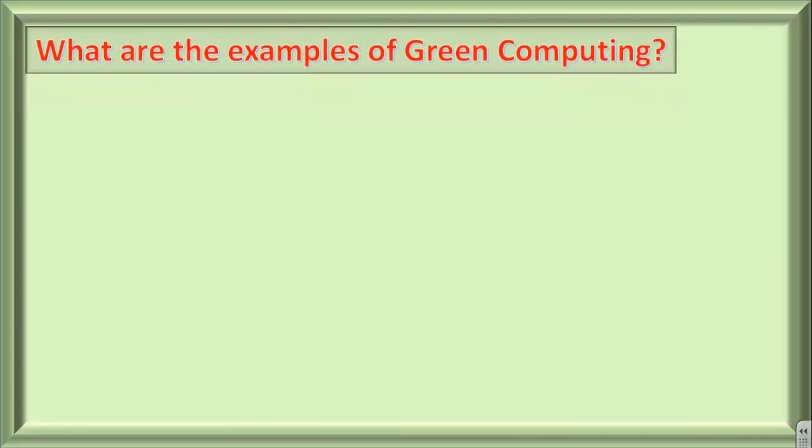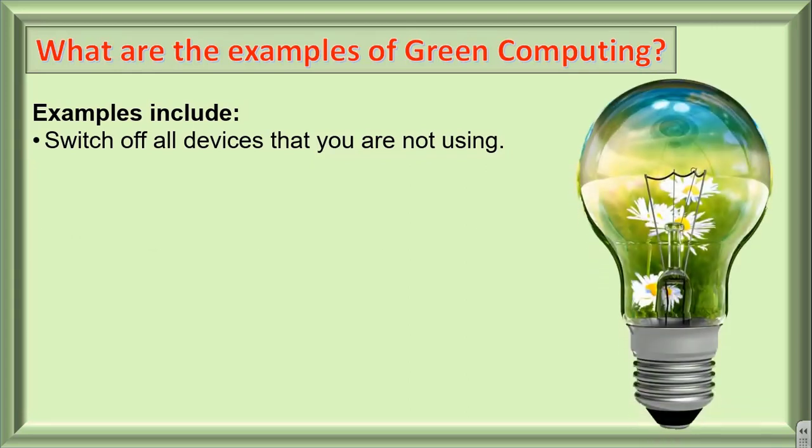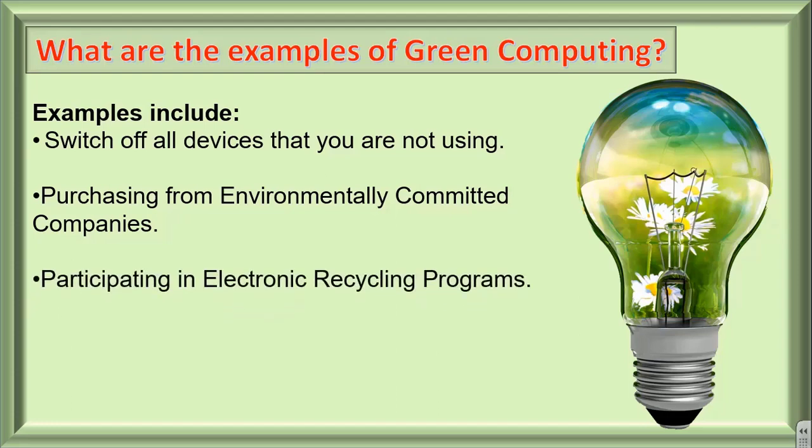What are the examples of green computing? Some of the examples include: switch off all devices that you are not using, purchasing computers or IT products from environmentally committed companies, participate in electronic recycling programs, deploying virtual technologies.